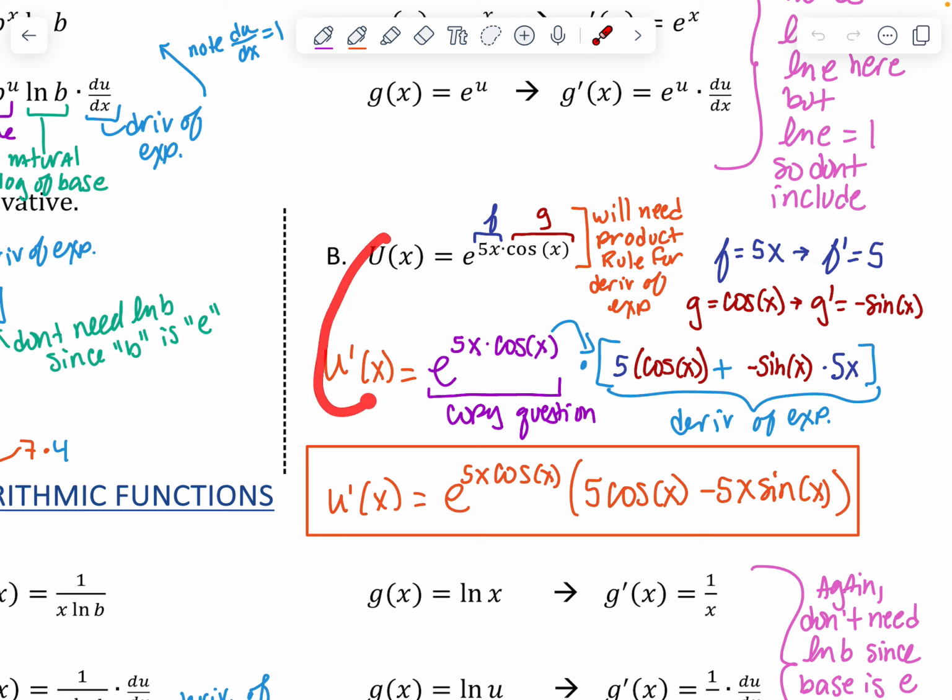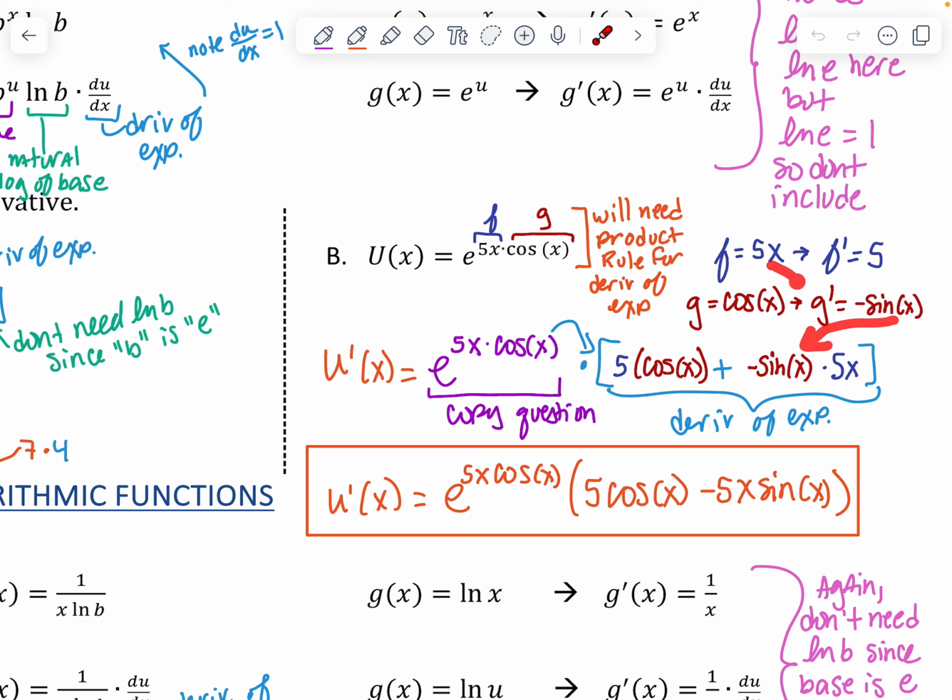So taking the derivative of the u function, where my variable is in the exponent, step 1, I copy the equation. I don't need to take the natural log of the base because the base is e, but I do need to take the derivative of the exponent. For us, that's going to be a product rule of f prime times g. Here's my f prime, here is my g. We always add for a product rule, and then the formula is g prime times f.